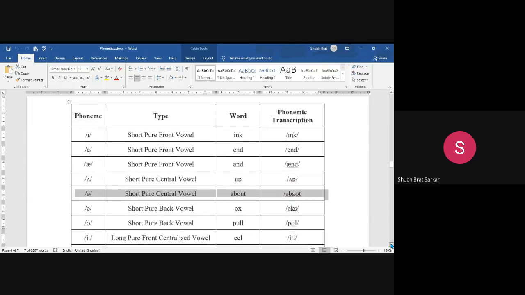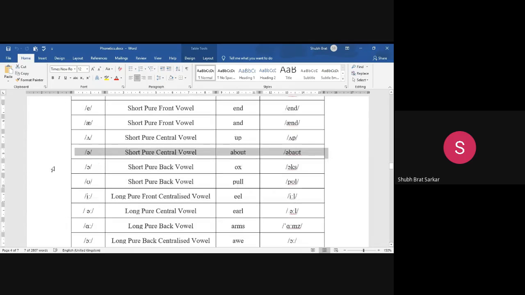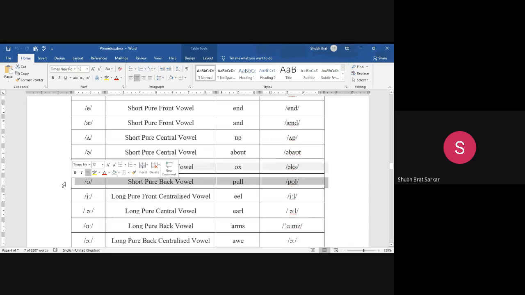Next sound is o. O is again a short, pure back vowel in word like ox. O, k, s. Ox. Then we have u. Short, pure back vowel as in word pull. So these are the 7 short vowels.